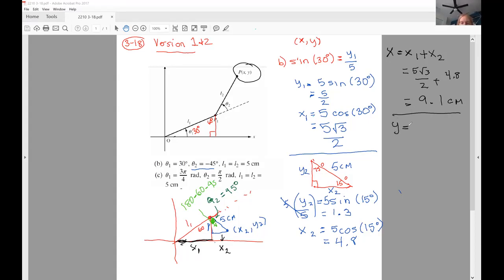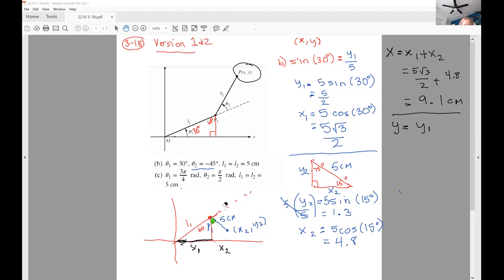Now my Y value is going to actually equal Y1, because remember Y1 was going up. And if we look at our picture, I'm going to erase some of the things I drew here, because I wanted to show you the picture without all the numbers on it.